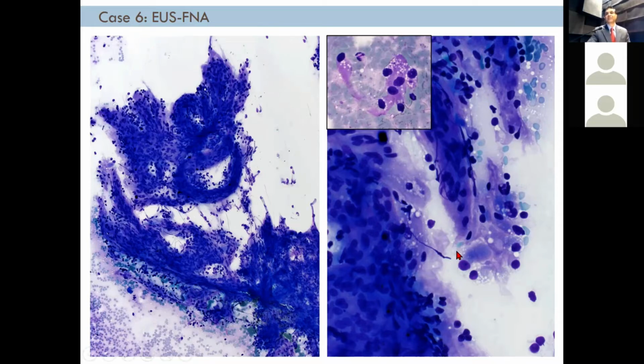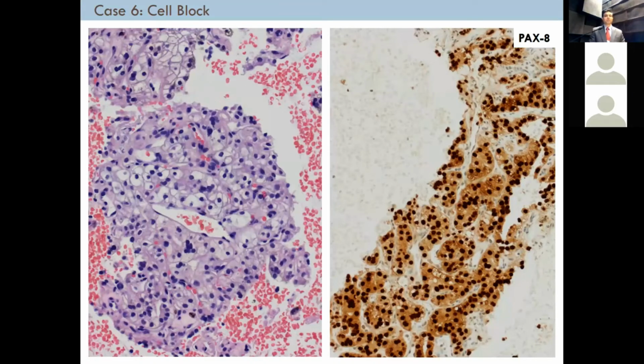If you look at the tumor cells, they show abundant cytoplasm with characteristic microvacuolations. And if you look at the nuclei, they are round and peripherally located, and in some cells they appear to be ready to be extruded. So this is the classical morphology of renal cell carcinoma. In this case, the cell block confirmed the diagnosis. As you can see nicely, the clear cell morphology and positivity of the tumor with Pax8.